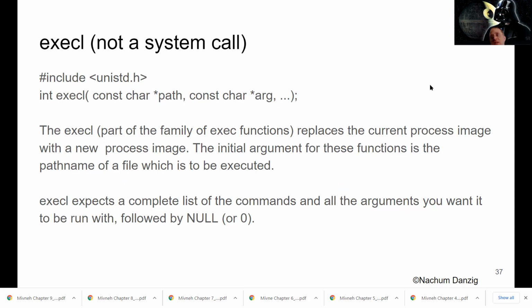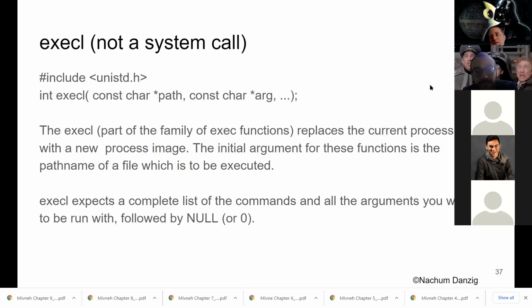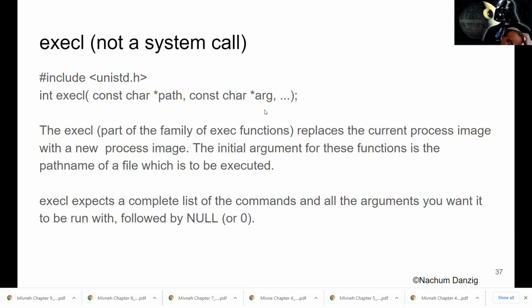I don't know if you probably never did that in C++, but you can. And here we're doing it in C. You're executing another program. I can write another program, compile it, and put it in a certain path. And I write the path here. And I put the argument. Well, let's see what the argument is.